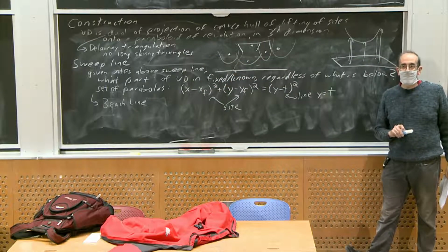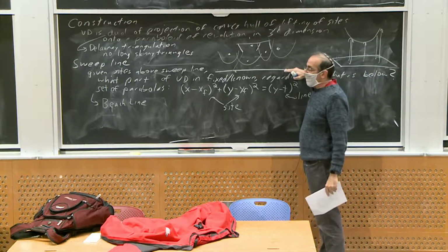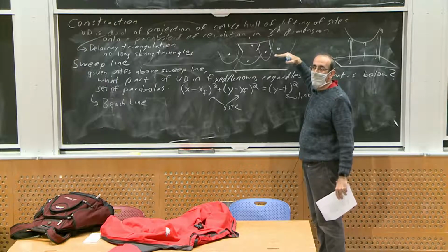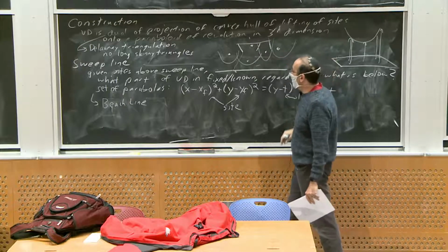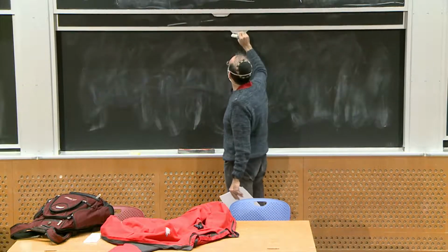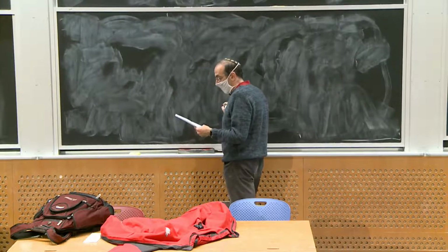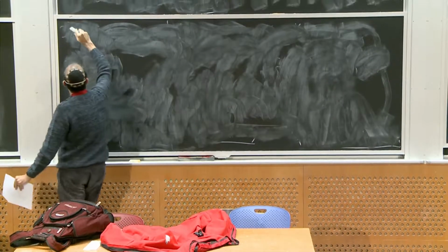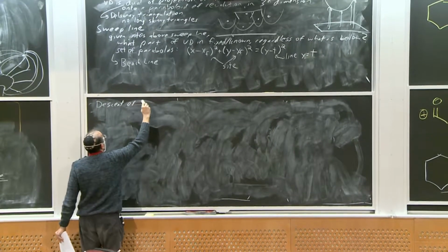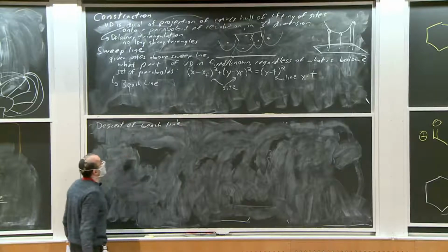Okay? And so the sweep line is driving things, but what we're actually going to do is see what's happening at the beach line. And we're going to build the Voronoi diagram at the beach line as it moves down. So let's understand that descent of the beach line.